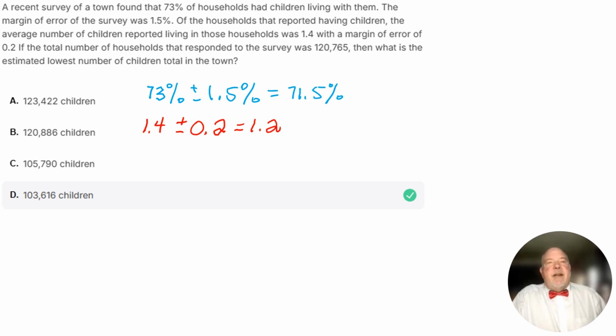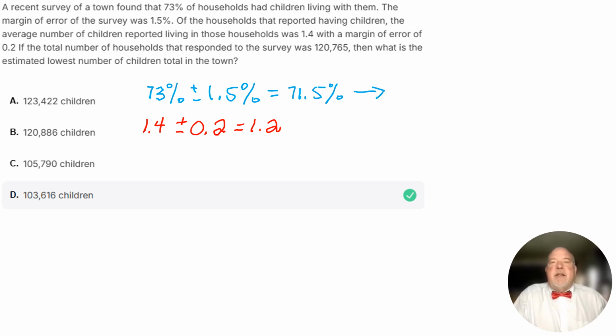So now we need to find out how many total children there are using this data. So the first thing we're going to do is figure out how many households have children using this 71.5%.